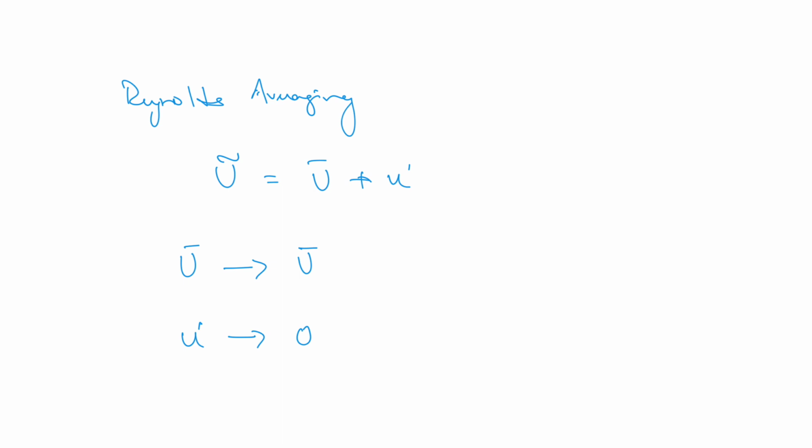If you average it for a long time, the positive and the negative fluctuations will balance out each other, and the average will go to 0. That's where you arrive at this solution. So this Reynolds averaging and Reynolds decomposition, you have to use in your conservation equations to arrive at the Reynolds averaged continuity and momentum equations.